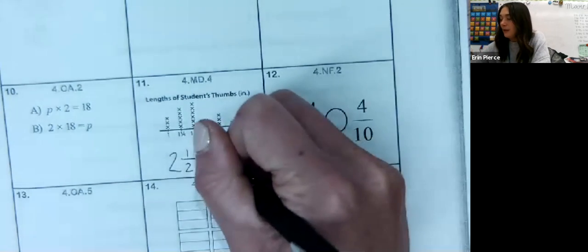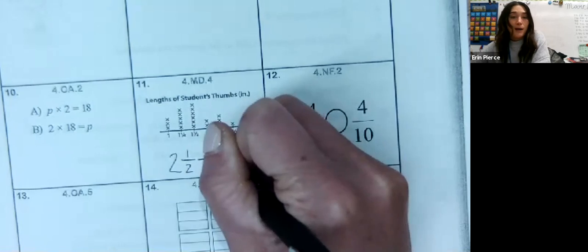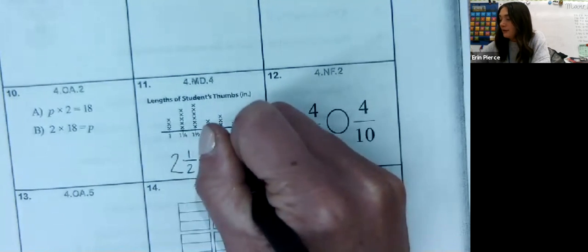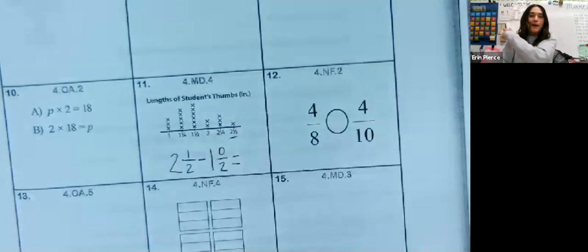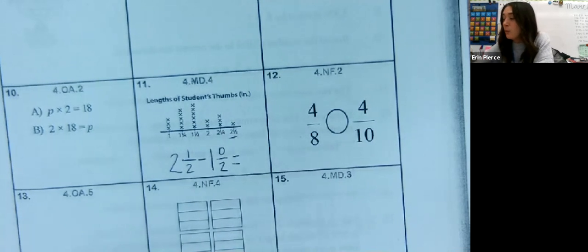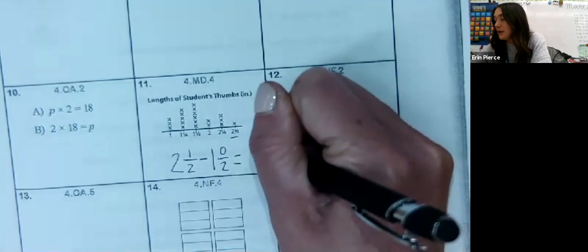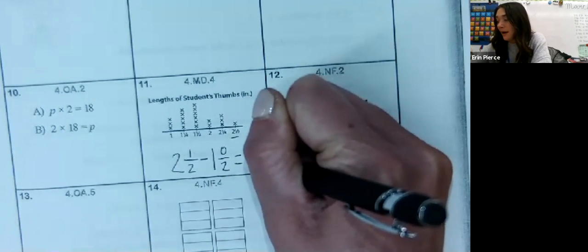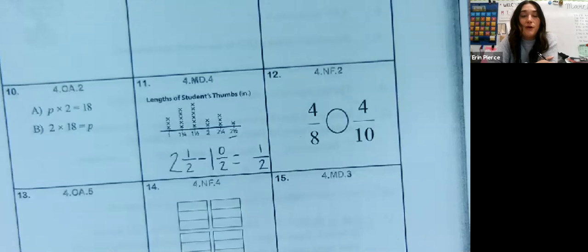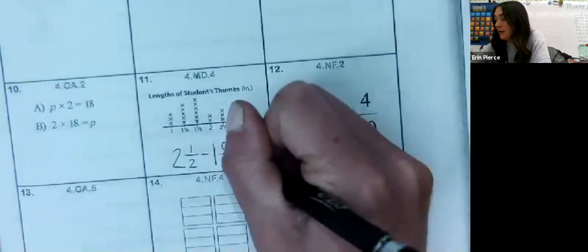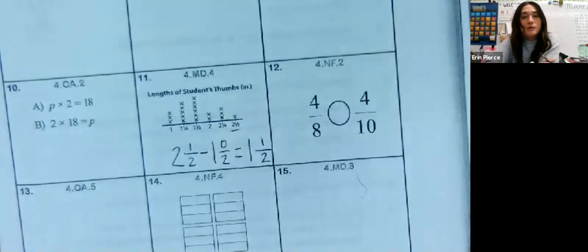I can assume that 1 by itself means 1 with 0 over 2. That might help me solve because they don't have any halves, but it will help me solve 1/2 minus basically blank. So 1/2 minus 0/2 will still give me 1/2. Then I move on to 2 minus 1. 2 minus 1 is 1. So my answer is 1 and 1/2.